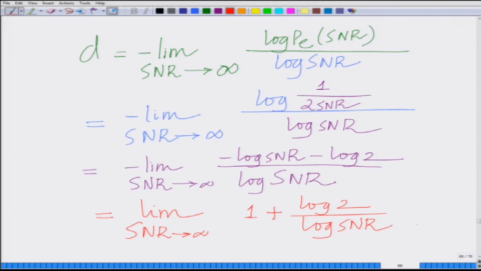So, at high SNR the diversity order is the limit as SNR tends to infinity of 1 plus log of 2 divided by log of SNR.